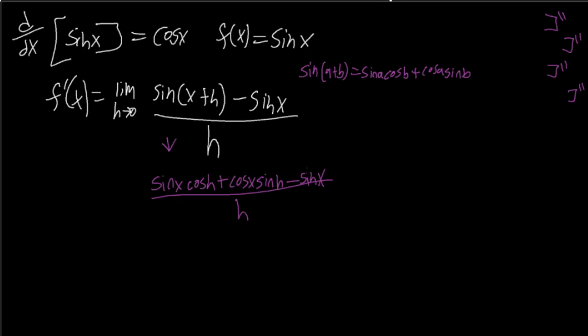Let's make it easier for ourselves and just move sine x to this side. Actually, I'm not even going to rewrite it, I'm gonna erase this and write it again. Just make it easier for yourself, I'm not gonna lie.